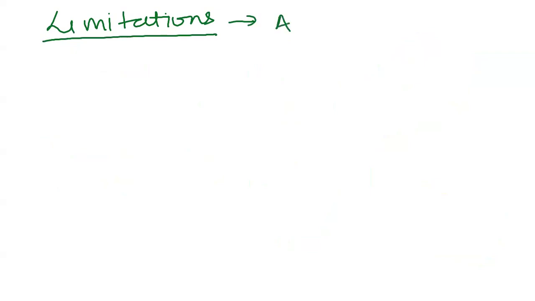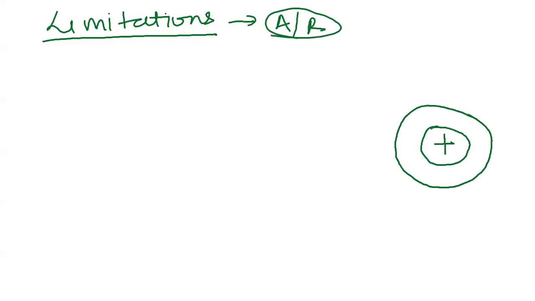Now, what is the limitation of Rutherford alpha particle scattering experiment? Do you have any idea? This is your assertion reason type question. What is the limitation? The first limitation is, it says that this is the positive charge nucleus and electrons keep on rotating all around it.